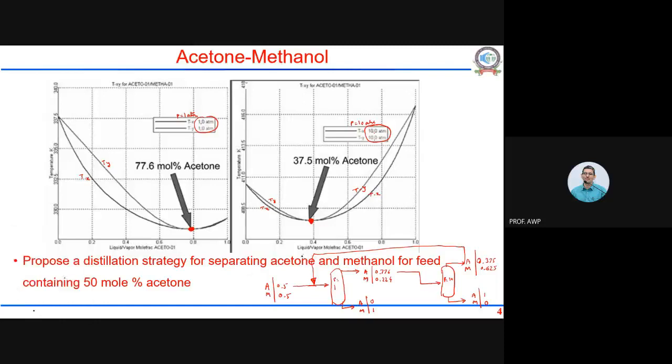Do people disagree with this? So we have got a pure acetone stream, we have got a pure methanol stream, and everything else is inside this black box: 2 distillation columns operating at 2 different pressures. Do people agree? Do people disagree? Anybody has any other thoughts?